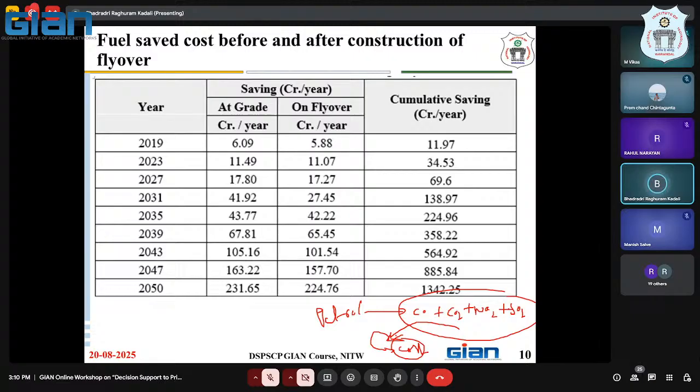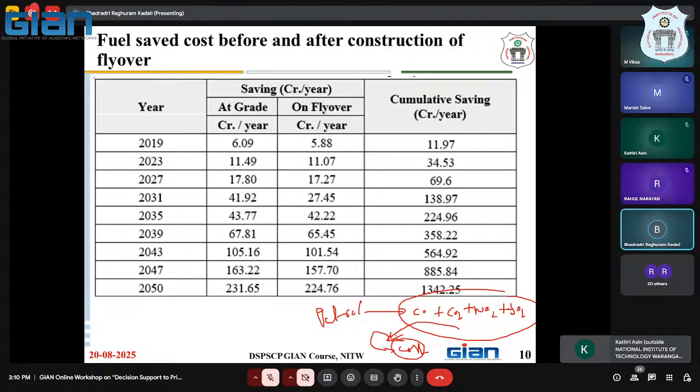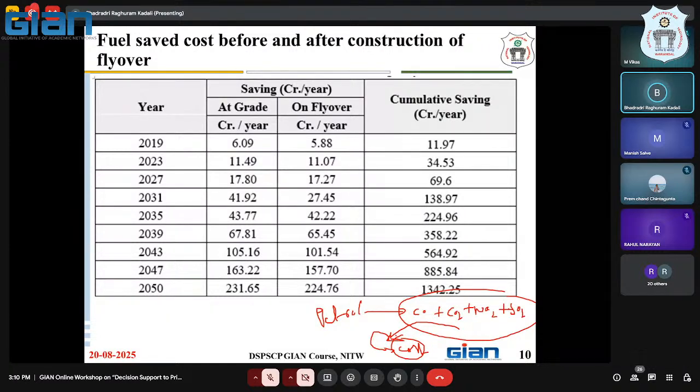So we started with estimating the fuel consumed or fuel saved, and then corresponding to that we also estimated the total cost saved corresponding to the fuel. There is a method for this.